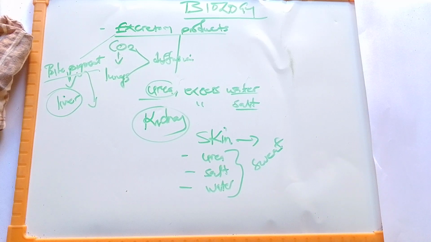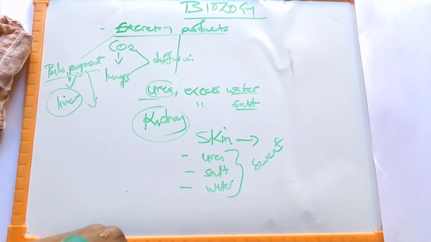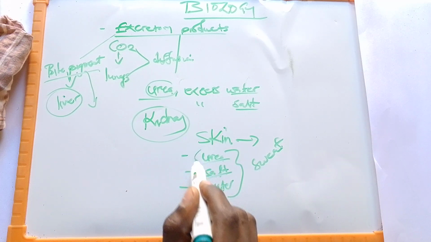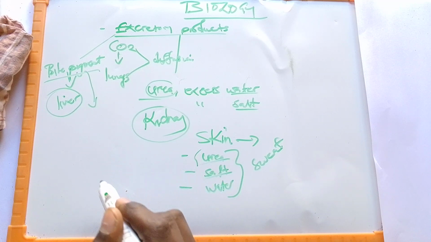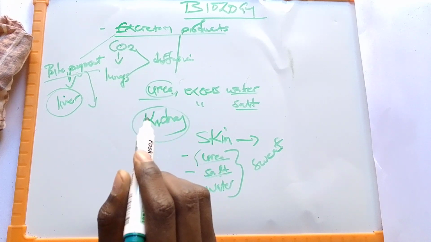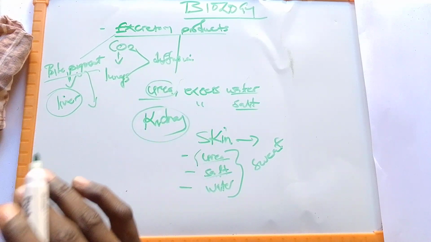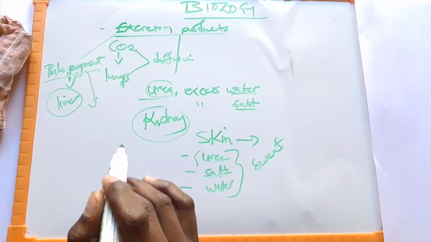So when you are doing some exercise, then you sweat. If you accidentally taste that sweat in your mouth, you're going to find that it tastes salty because it contains salt and urea. So skin is also an excretory organ, which excretes these products: urea, salt, and water. So these are some of the excretory products and organs, and the processes that are there for them to be excreted.